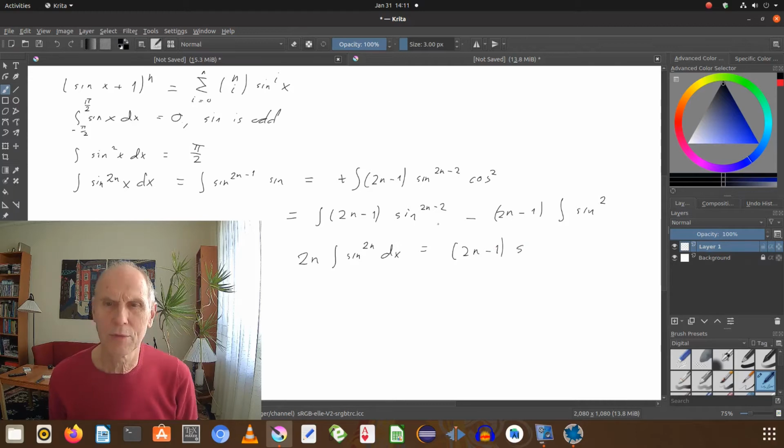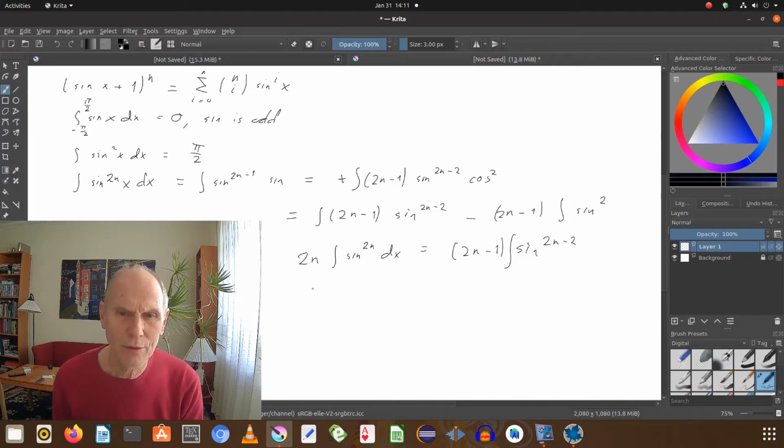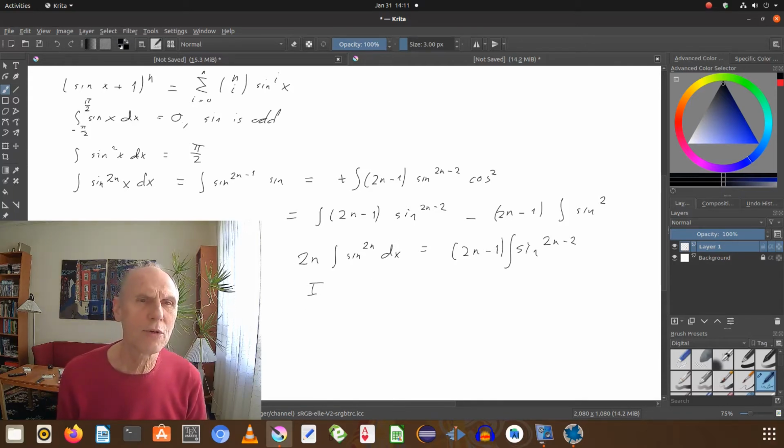Times, oh, and sine here has, no, that's the integral. Sine 2n minus 2. So that means that, no, that's not the integral we're looking for.